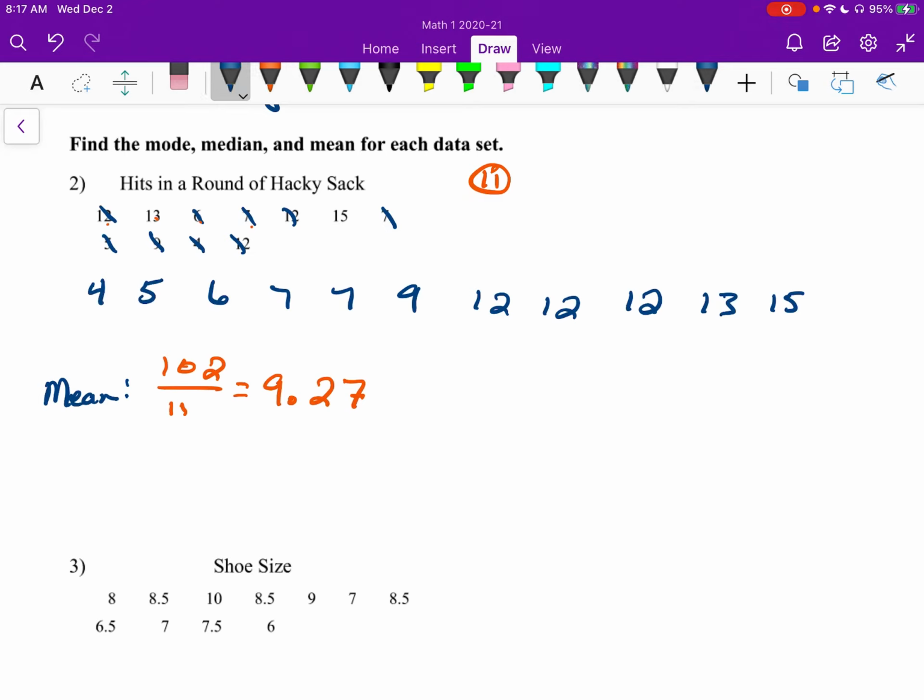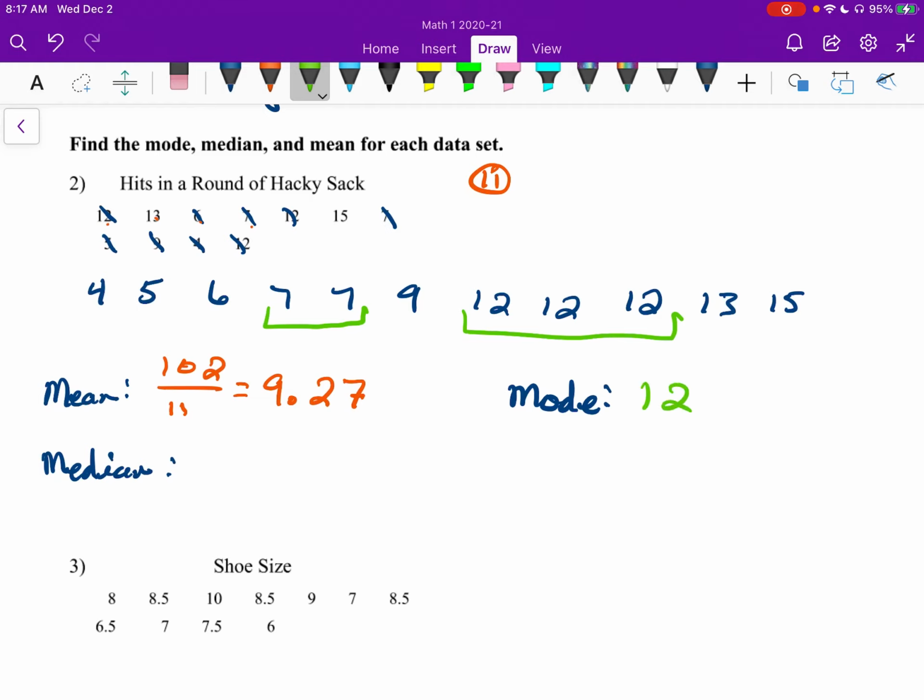All right, median. Actually, I'll save the median for last and do mode. The mode is the number that happens most. I've got 2 7s and then I've got 3 12s. So the number 12 happens most often, so 12 is my mode.